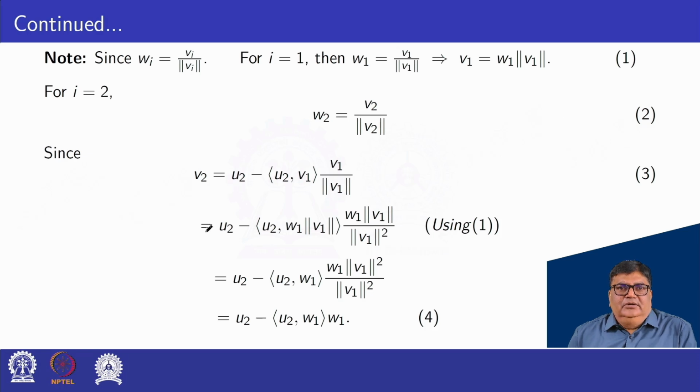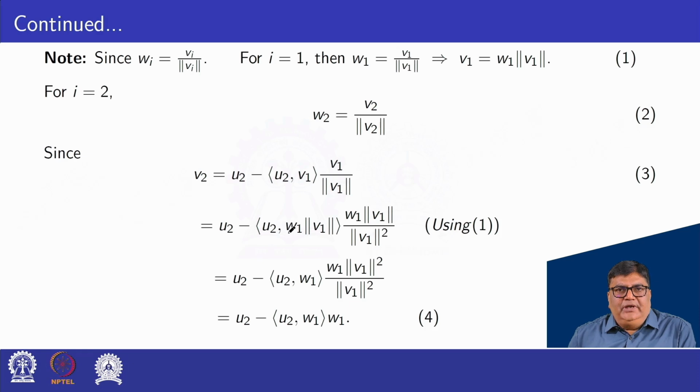Putting the value of v1 from equation 1 in this equation, we have u2 minus inner product of u2 and w1 norm v1, into w1 norm v1, upon norm of v1 squared. Norm of v1 is a real scalar, so we can write it outside the inner product.